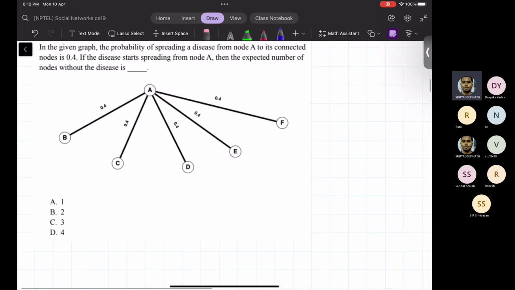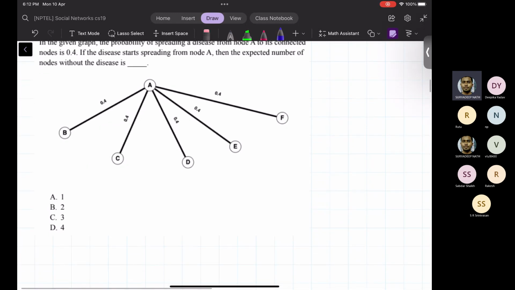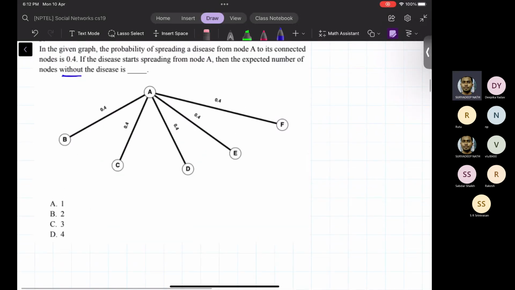To find the expected number without, let us first find the total number.